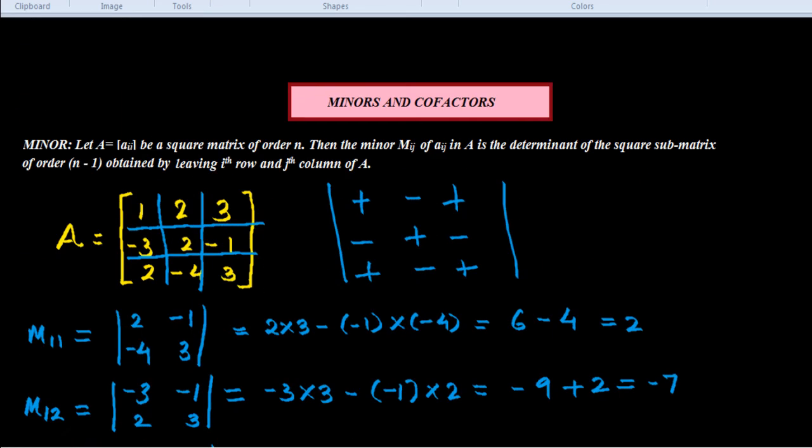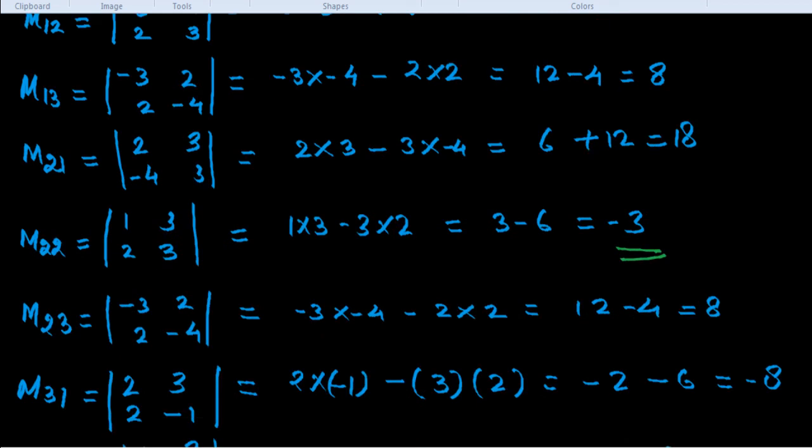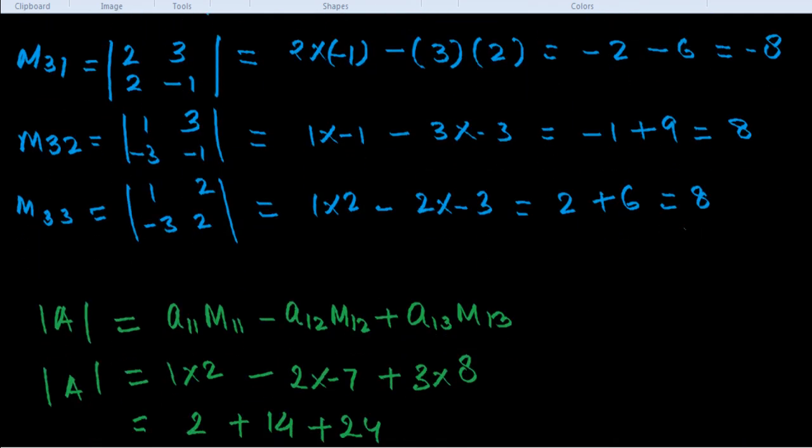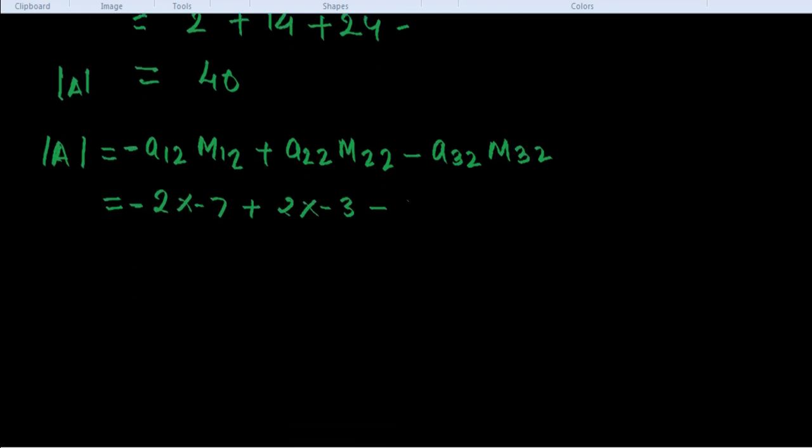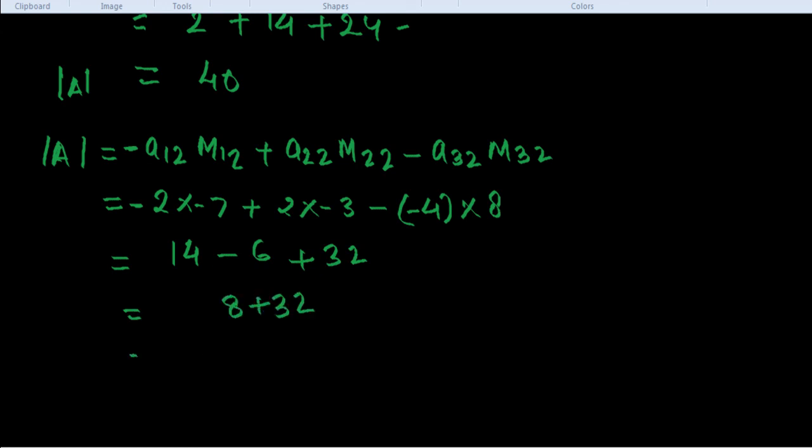A32 is minus 4, and M32 is 8, so it is minus 4 into 8. Now we simplify this. It is 14, minus 6, 32. 14 minus 6 is 8, plus 32, we get here 40. We always get the same value of the determinant if we choose any row or any column.